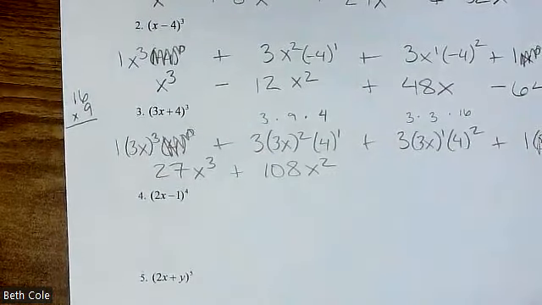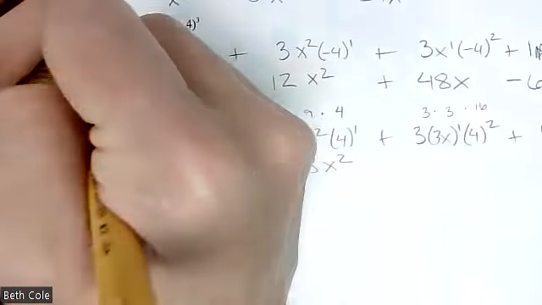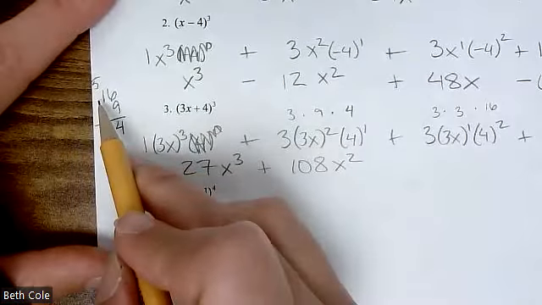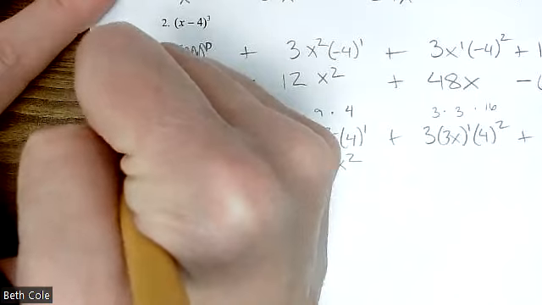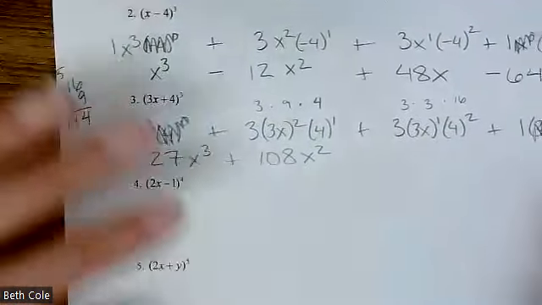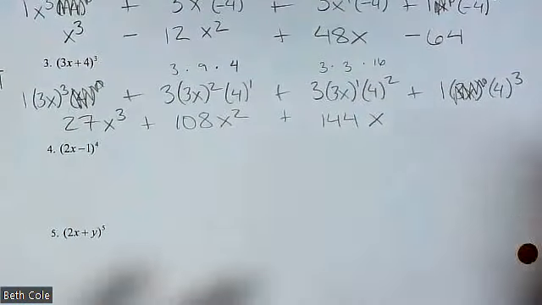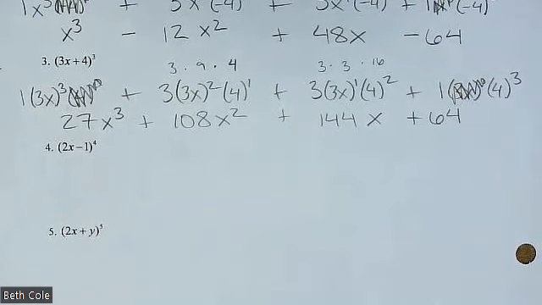If I made you do it, you could do it, right? Like 9 times 6 is 54. That would be 9 plus 5 is 14, 144. Did you get it? Nice. All right, and then 4 cubed, 64. There, I didn't have to reach for the calculator. We made it through.